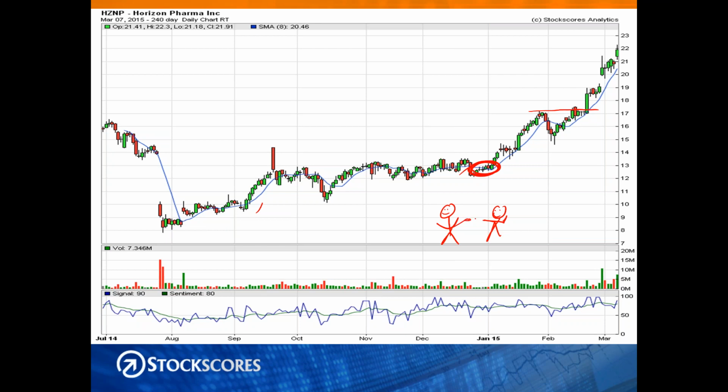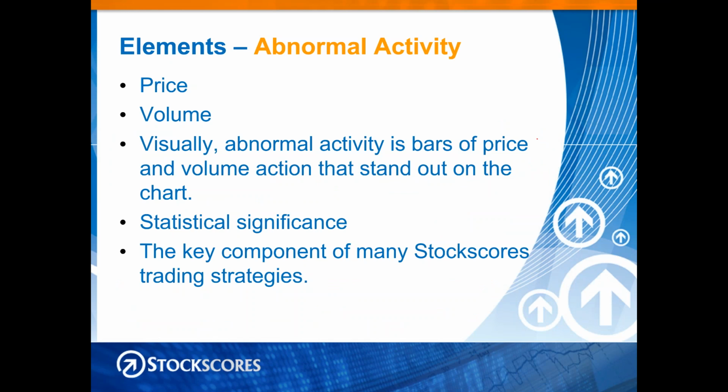Let's make these guys shaking hands here. Hey, we agree. We agree that this stock is worth $13 a share. When it breaks out of that, that means one group has found a reason to pay more, and so they no longer agree anymore. There's much more volatility, therefore more uncertainty about what the company is worth. Maybe I shouldn't draw stickman drawings.